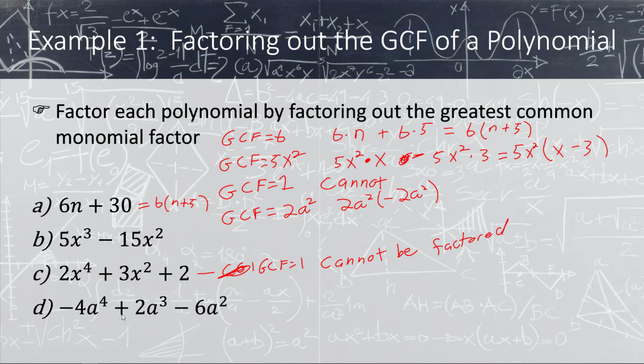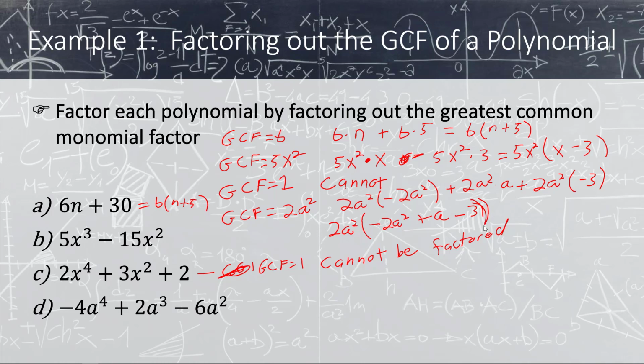Then for this one, the factor we have to multiply by 2a squared to get 2a cubed is simply a. So this will be 2a squared times a. And finally, we will have 2a squared, and we would need to multiply that by a negative 3 to get 6a squared. Factoring that out, we would have 2a squared times the quantity negative 2a squared plus a minus 3.